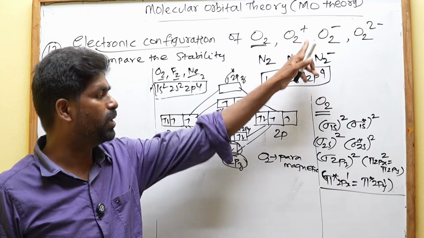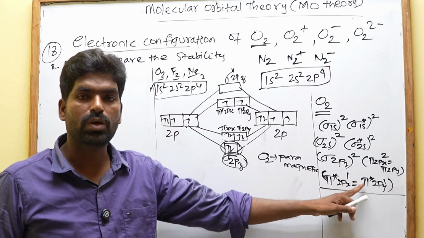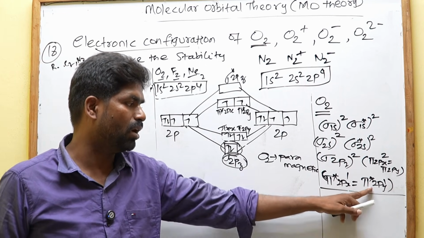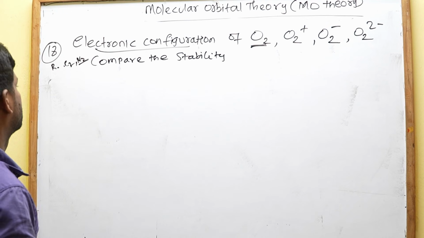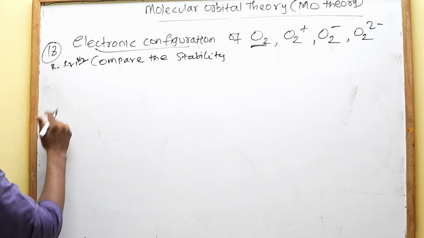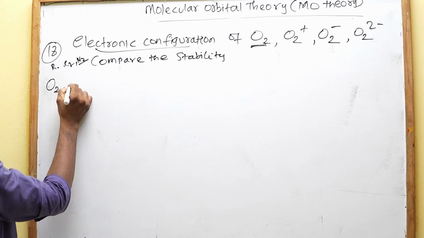In order to get O2 plus, 1 electron must be removed. You can remove from either one of these orbitals. I can remove from 2py. Let's write the electronic configuration of the given species.